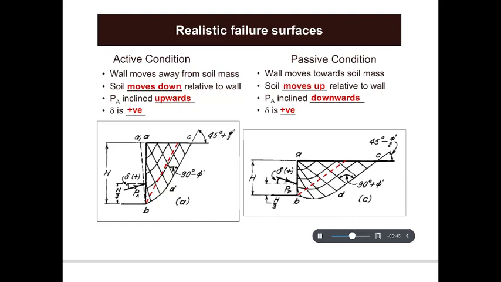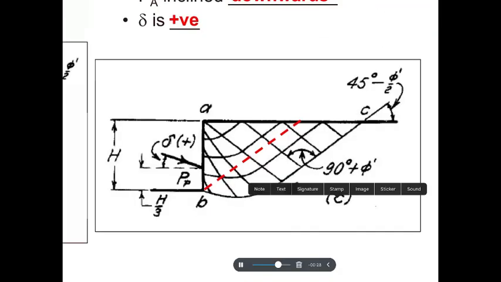Okay, and if you look at the passive condition, we know that in the passive condition the wall moves towards the soil mass, but in this case the soil moves out relative to the wall, so the reaction of the wall will be inclined downwards.